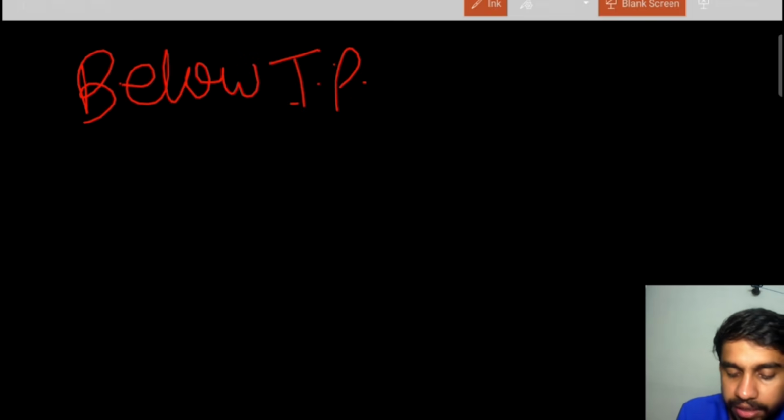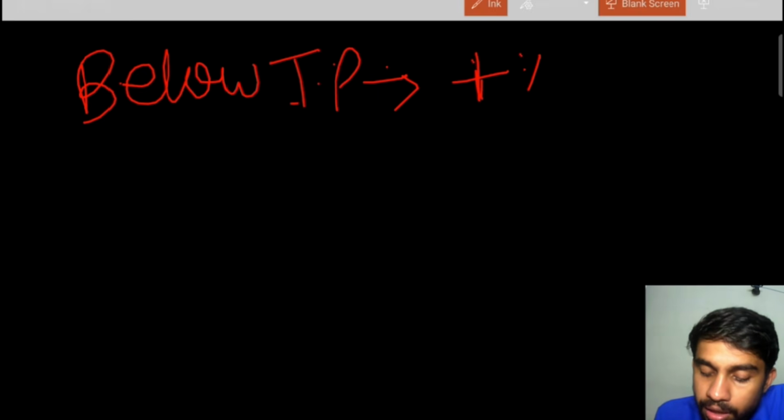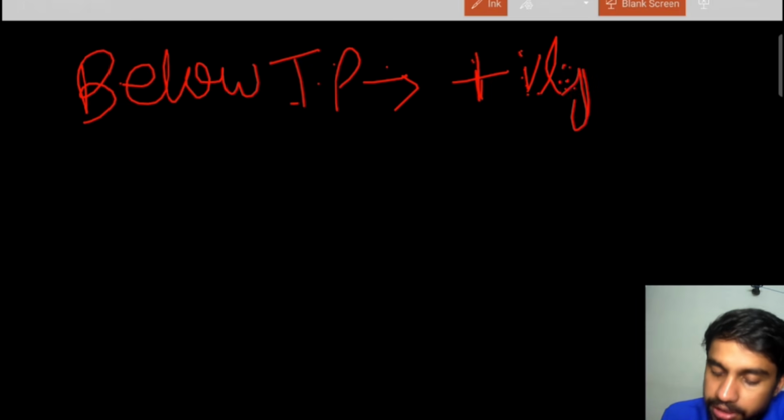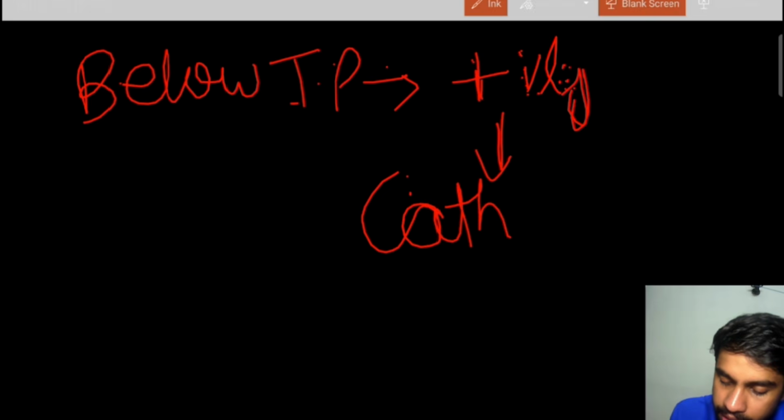Let me tell you. If the pH is below the isoelectric point, then the substance will be positively charged, and this positively charged substance will move towards the cathode.